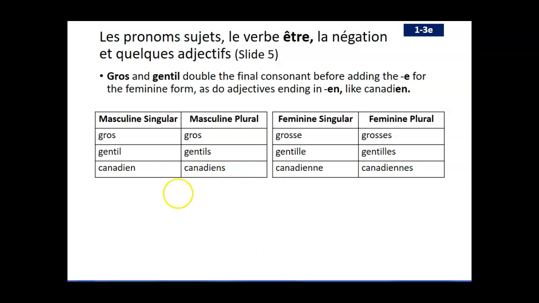Okay, we learned all about le verbe être, the verb to be in French, and it's the foundational verb for everything else that you're going to learn in the language. When you learn other verb tenses later on, we need the verb être to be able to form those. So it's kind of like in a math class, you learn some basic concepts, and those basic concepts take you on to more advanced ones.